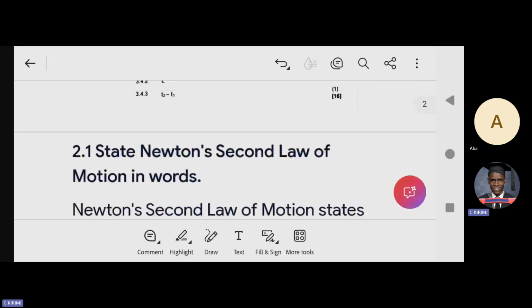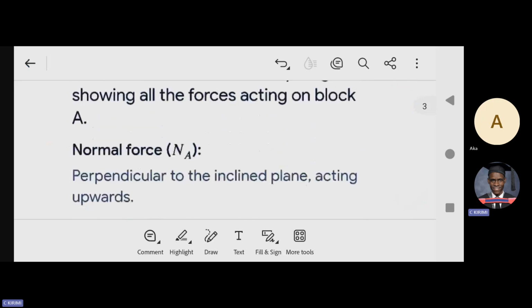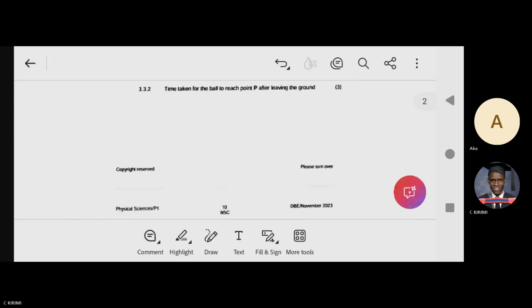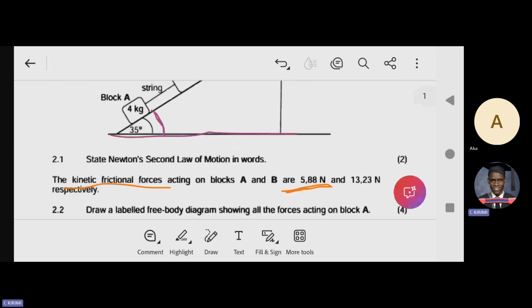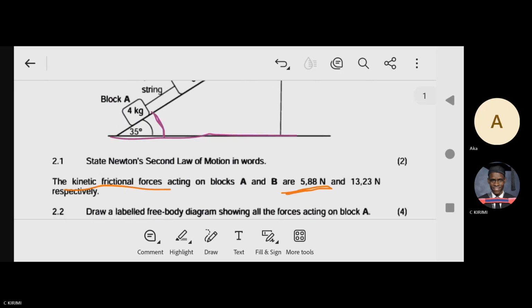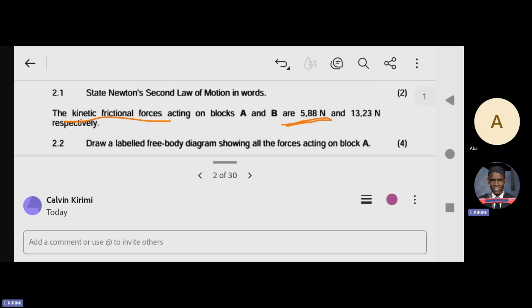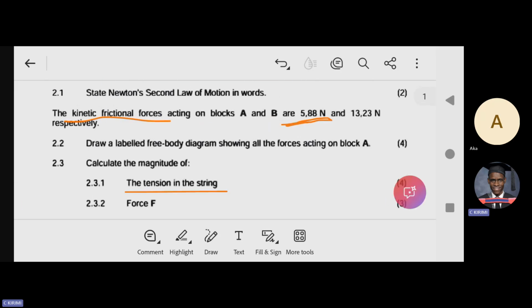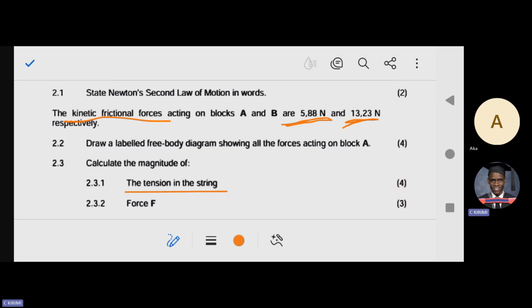Then from there, we go to our diagram, which is this one. And we are told that the frictional force for B is 13,23 newtons.